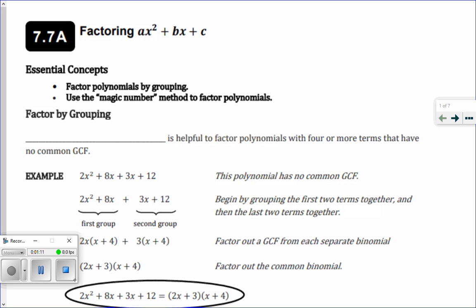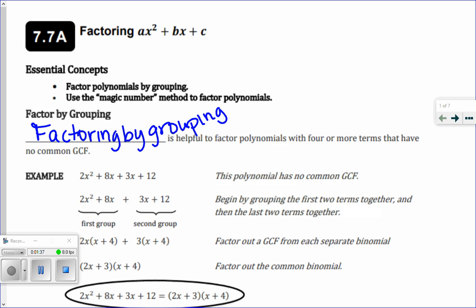So when you factor by grouping, wow, I really underestimated how much space we needed for that, right? So factoring by grouping is helpful to factor polynomials that have 4 or more terms and don't have a GCF.